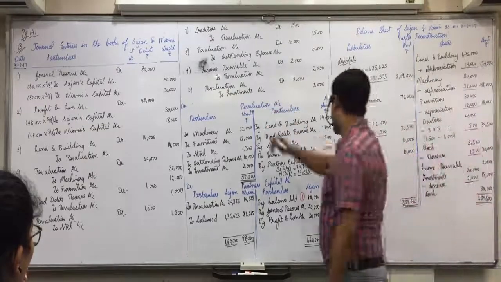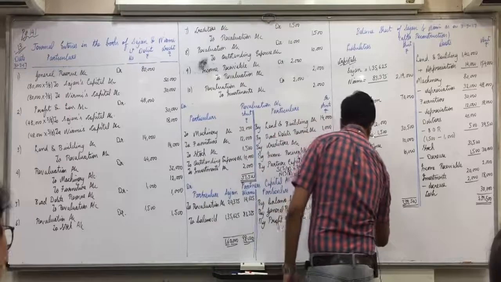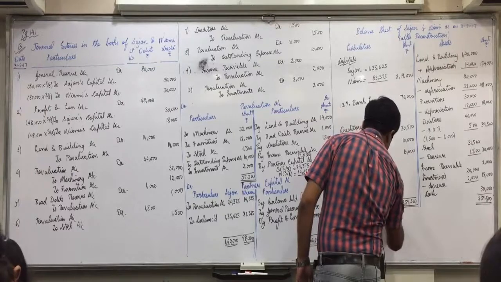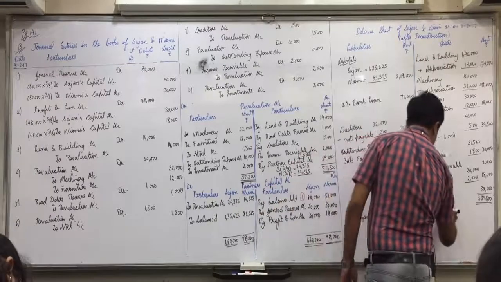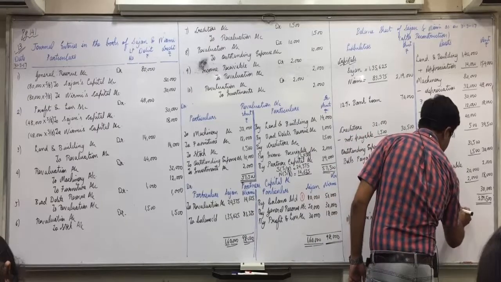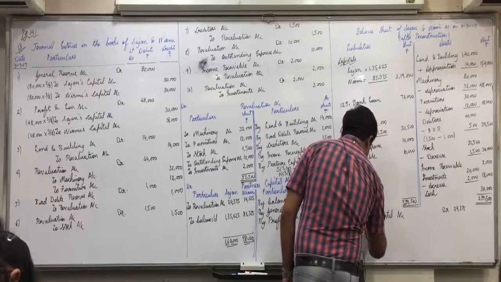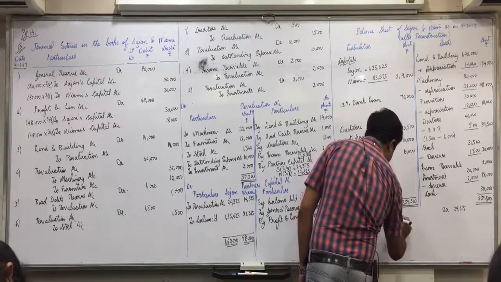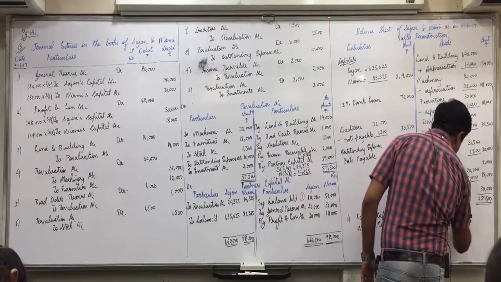So below the 10th you will write the 11th entry.